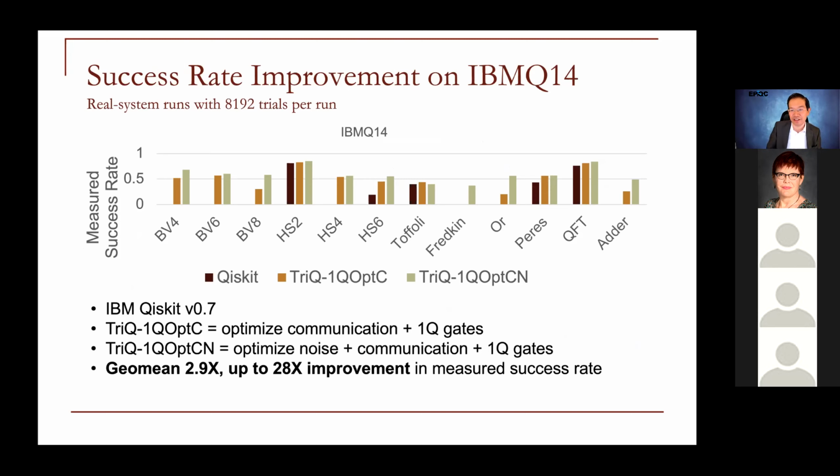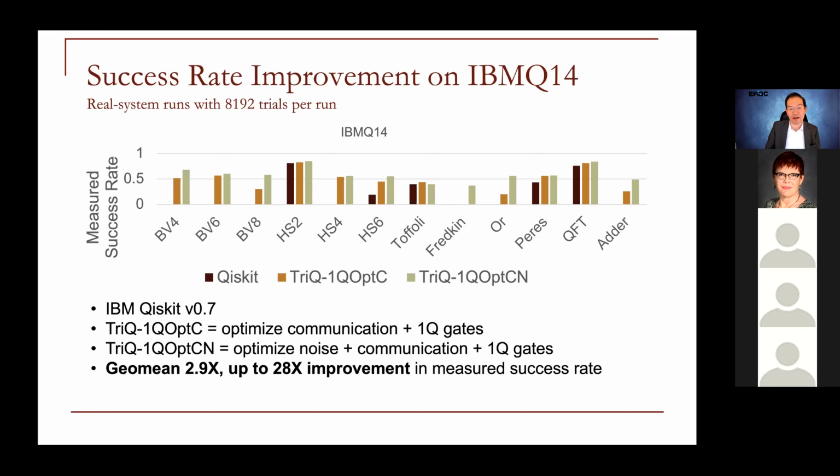You'll see that the dark bar, sometimes you can't even see it because the reliability is so poor. And then if we take our software and optimize for communication, we get the orange bar. And then if we take the solver and optimize for communication and trying to avoid bad devices, bad couplers, you get the green bar, right?